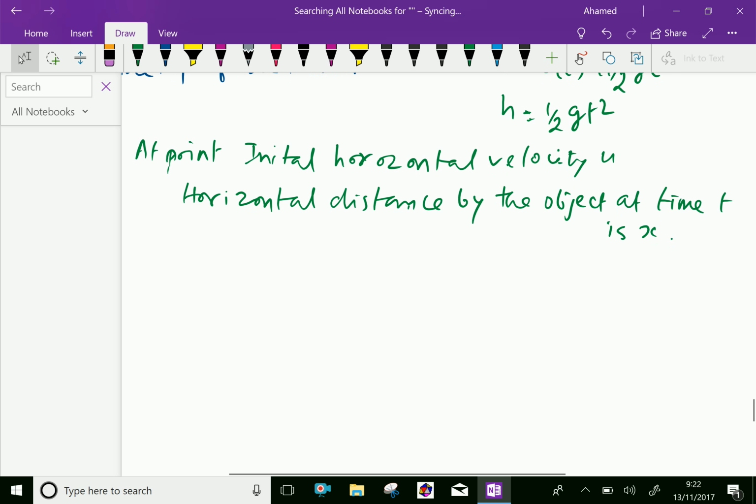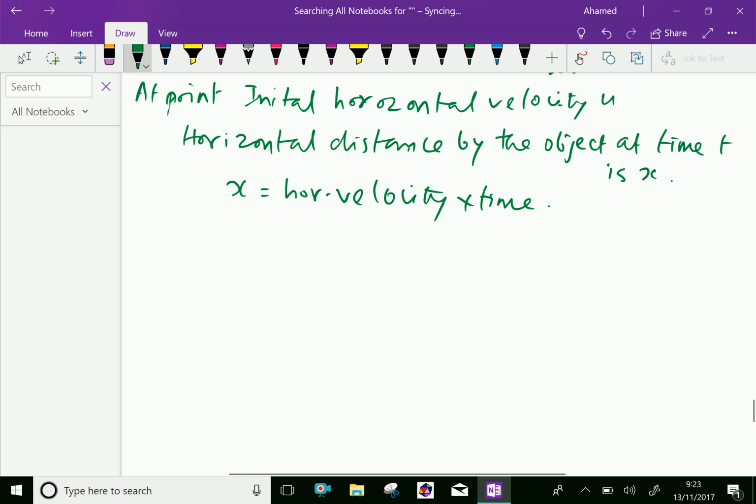Therefore, we know that x equals horizontal velocity into time t, so x equals u into t, which gives t equals x by u.